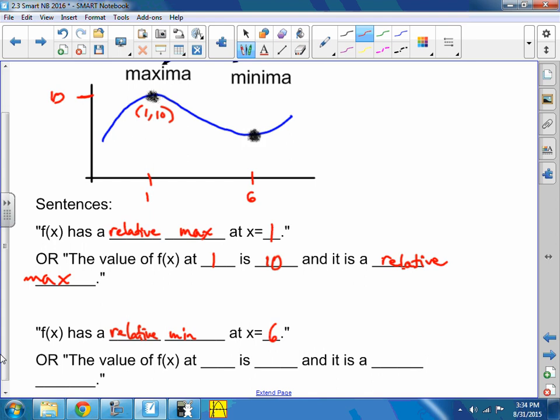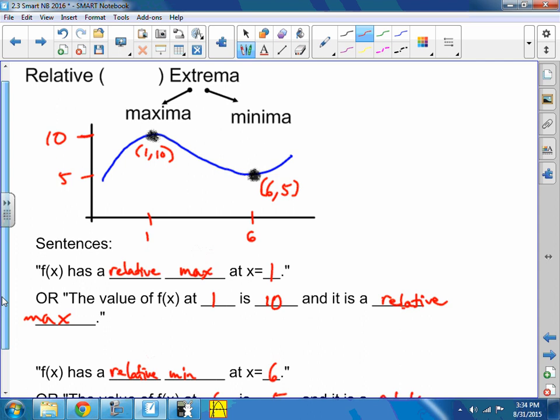And then for the 6, let's say that's the point 6, 5. So this was a 10, and below it was a 5. So you would say the value of f of x at 6 is 5, and it is a relative minimum. Maximum just means highest point in its region. Minimum means lowest point in its region.